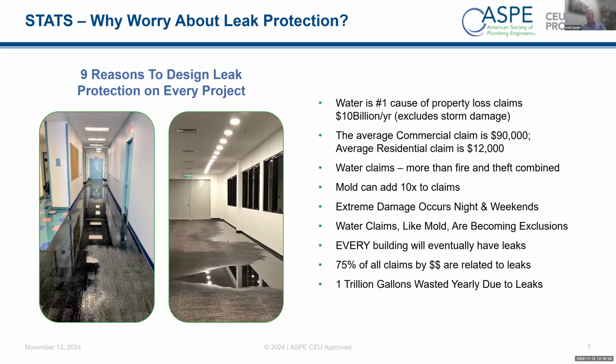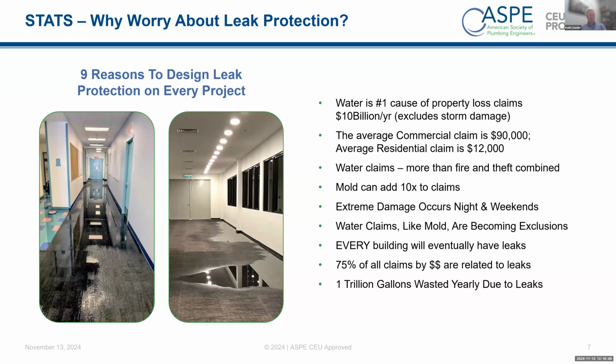So what we try to do for specifying engineers and architects is we say, engineer this on every building that you've got. Figure out what the budget is. Let the customer, whether developer or project manager, pull that out, value engineer that out of the project if they want. The nice thing is when they do have leaks and when they do call you to do upgrades on the system, you've already got it designed in.